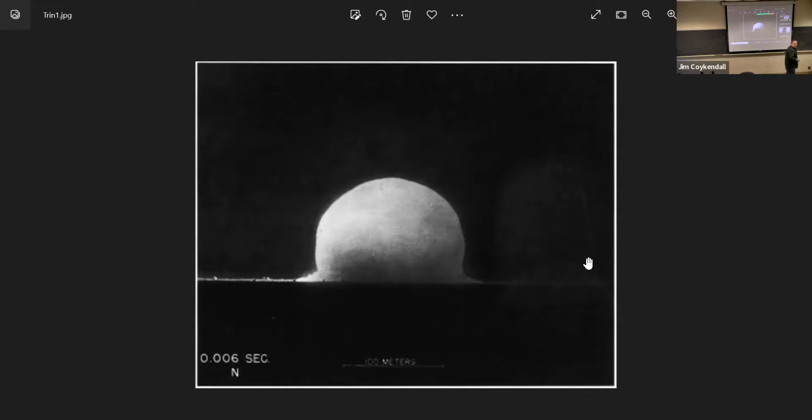So the other variable is R, the radius of the shock wave. What else? Atmospheric pressure. Okay, you're close to that. Time, right? For sure, we'll throw in time.